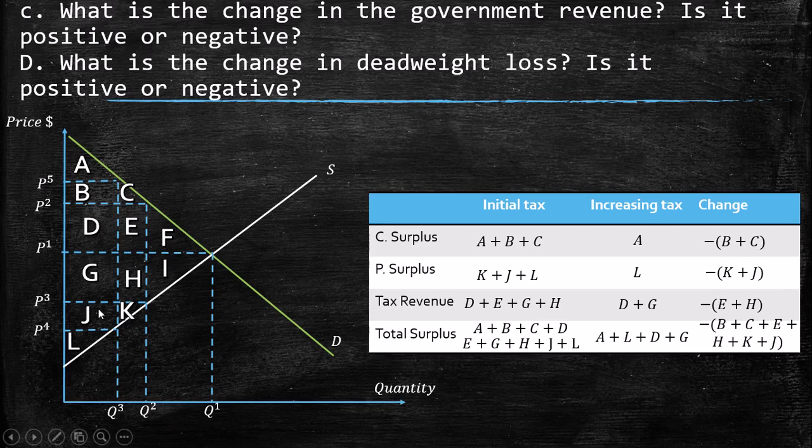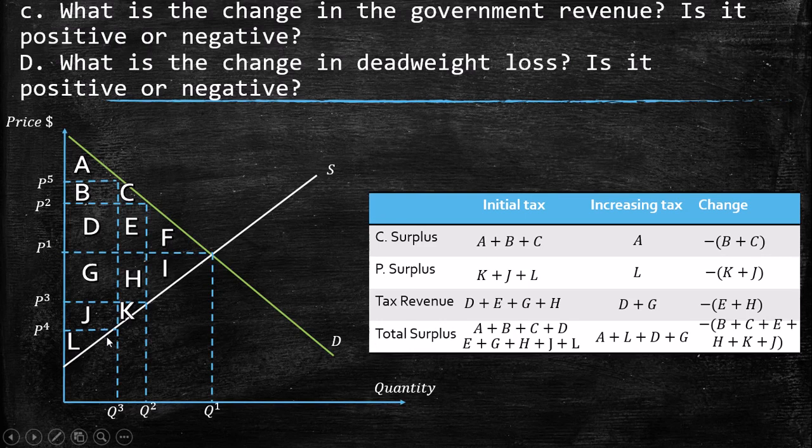So it will depend. Why? Because this is going to be negative because they will lose E and H because of the change of the tax. But in compensation of this loss, they will receive B and J. So it depends. And what is the change in deadweight loss? Is it positive or negative?